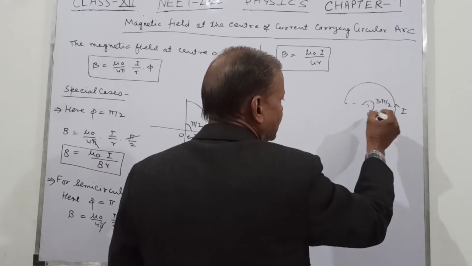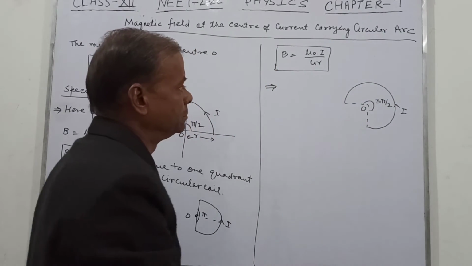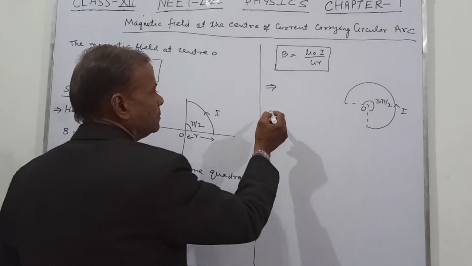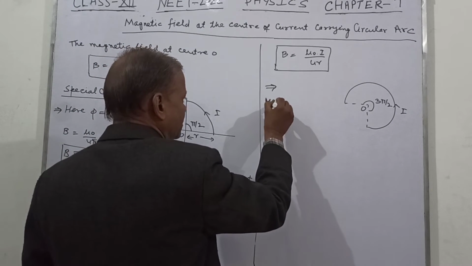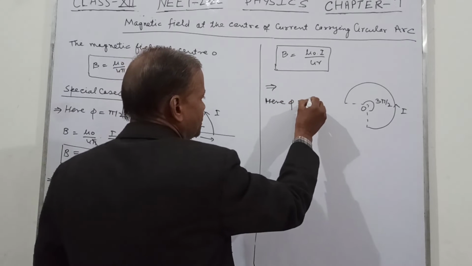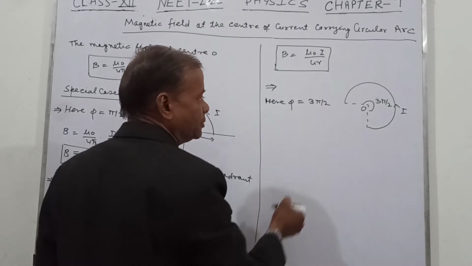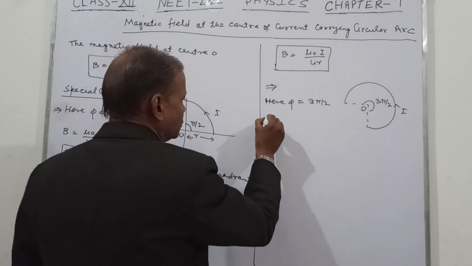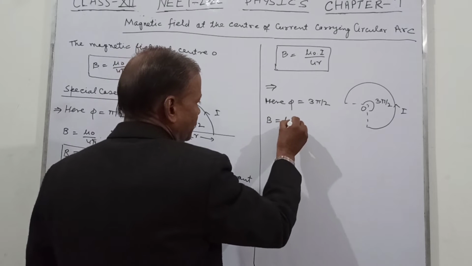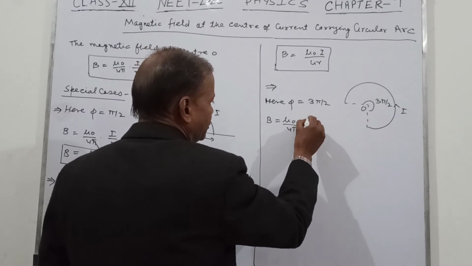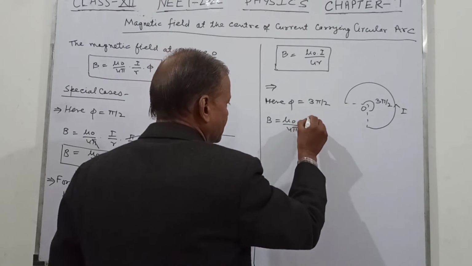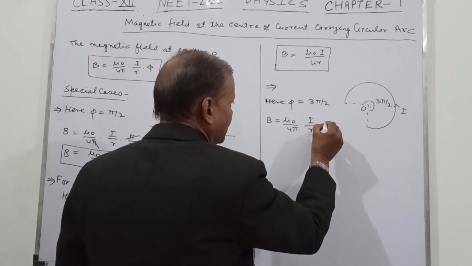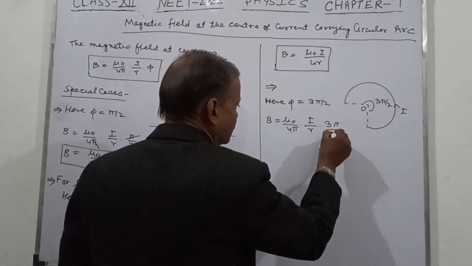It is carrying the current I, this is the center O. Here phi is equal to 3 pi by 2. So B equal to mu naught upon 4 pi into I upon R into 3 pi by 2.